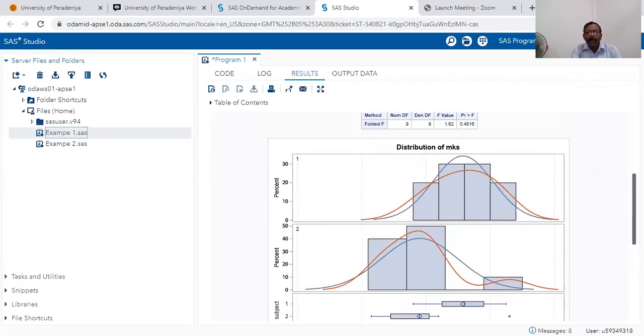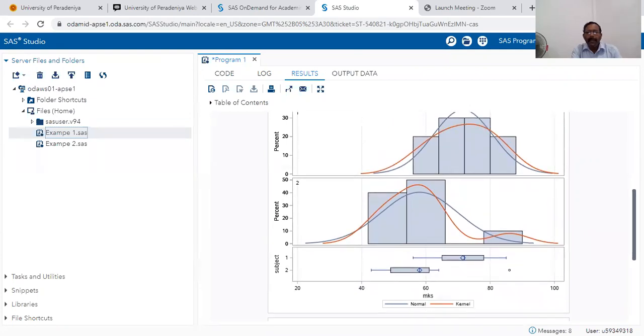This is the mean value, right? So it is indicating the mean value in both cases.